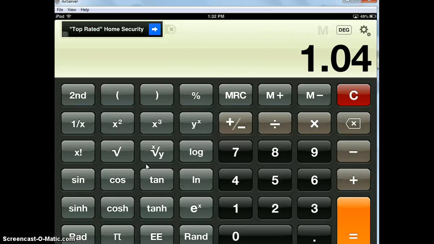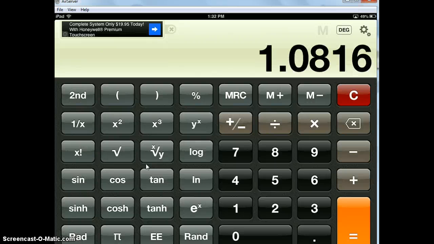On this calculator, see this x to the y, or y to the x button right here? We're going to push that, and then since it's to the second power, we hit a 2. You could have used the x squared button in that case, but usually you want to use that y to the x button. Hit equals, and I get 1.0816.